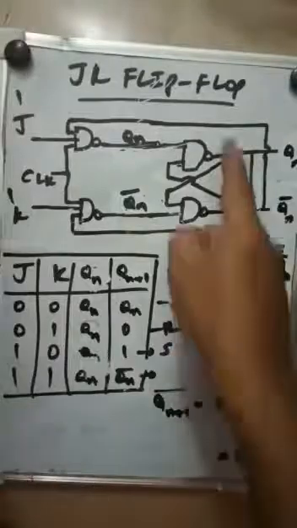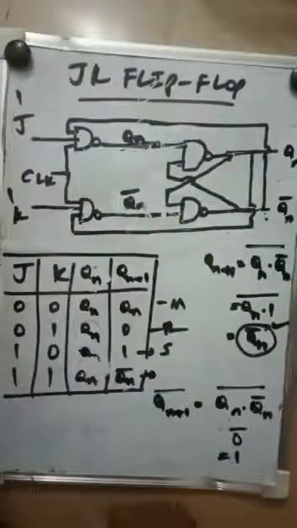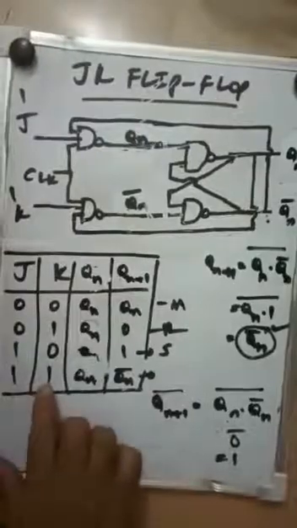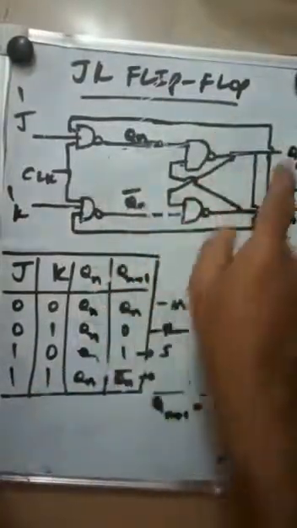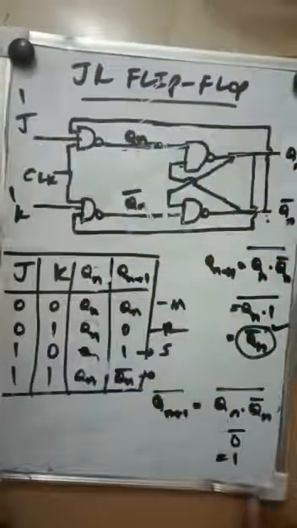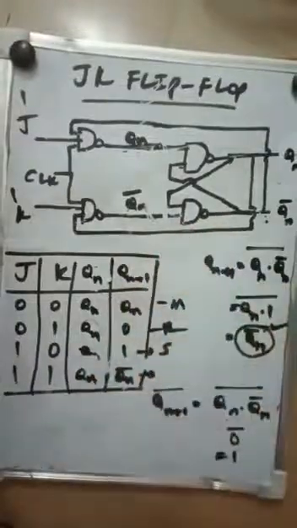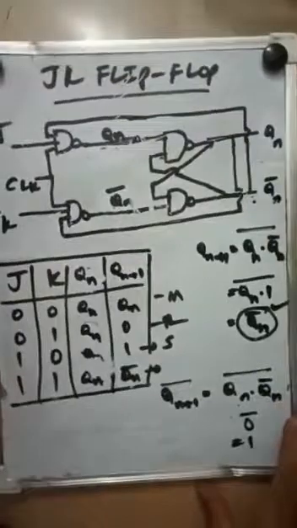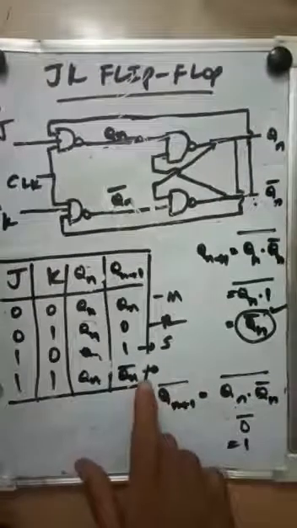The problem of the RS latch or RS flip-flop is the invalid state when both inputs are 1 1. This is 1 and this is 1, then it is an invalid state. But this is how we can evaluate the problem of the RS latch as toggling.